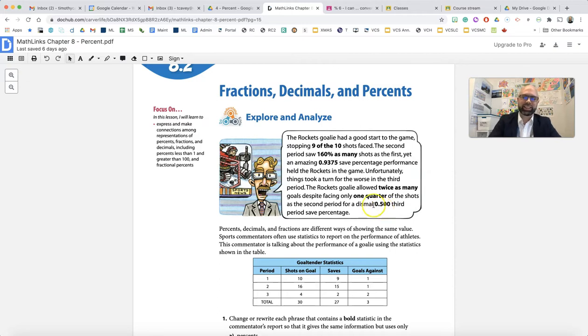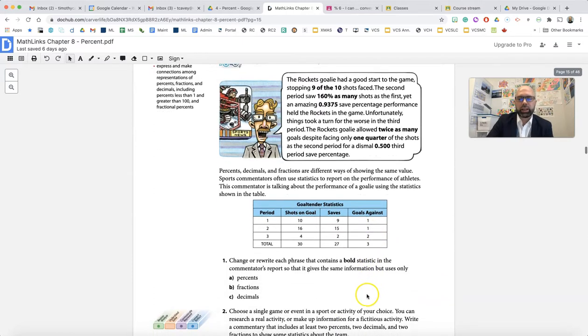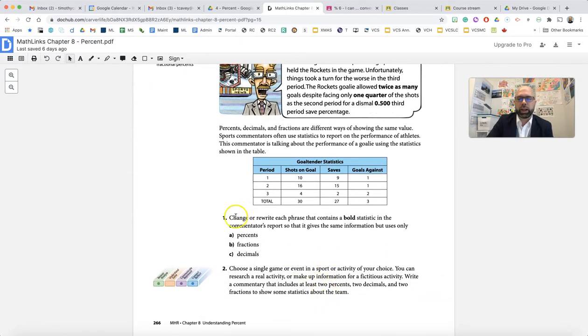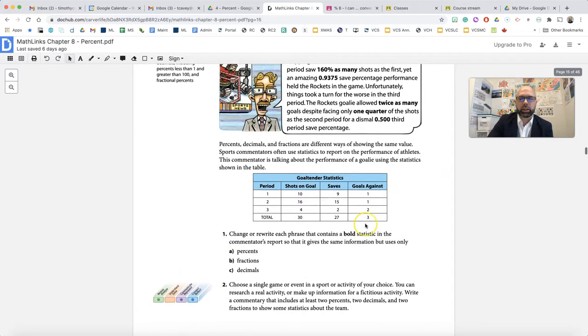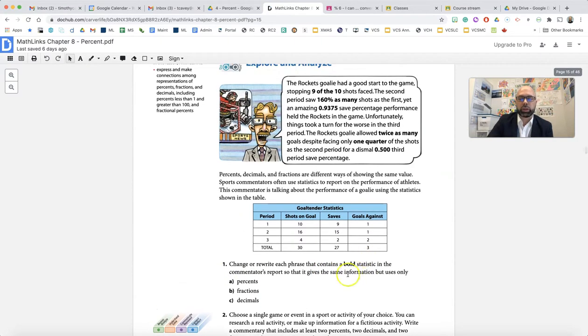When you read the information that way, it's sort of confusing, but they've boiled it down into these statistics for us in this table. Then we're going to brainstorm together how we would change or rewrite each phrase that contains a bold statistic so that it gives the same information but uses only percents, fractions, or decimals.